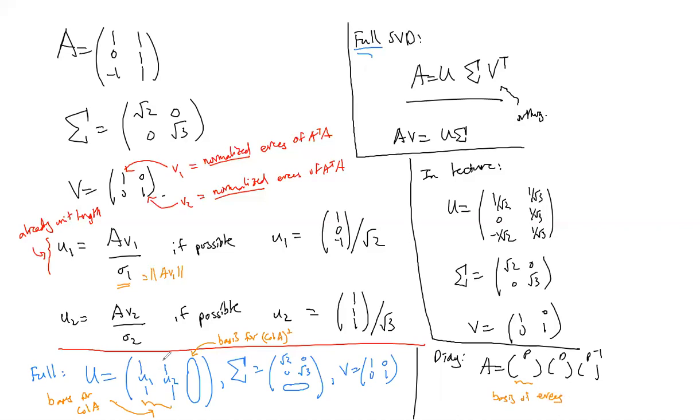And that's kind of what U and V are. They're bases for certain spaces. So in partial SVD, you're just finding a basis for the column space. But in full SVD, you're extending that basis to a basis for the whole space by including a basis for its orthogonal complement. So conceptually, that's what you're doing.